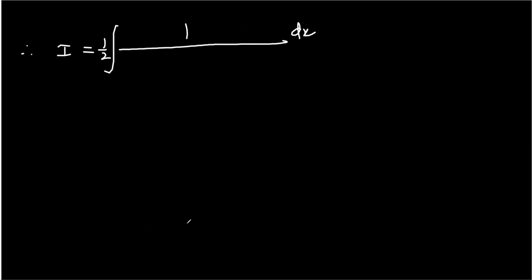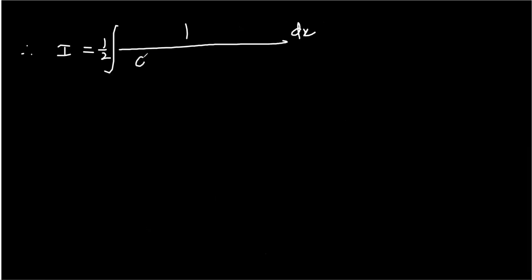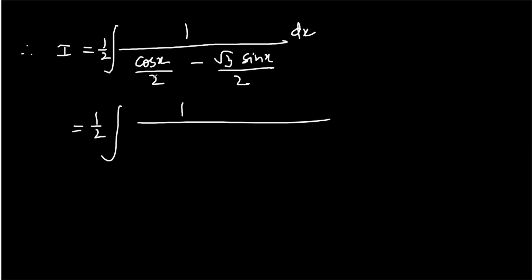Here I will split this 2, so cos x upon 2 minus root 3 sin x upon 2. So this is 1 upon 2 outside, 1 by 2 cos x, and root 3 by 2 into sin x dx.